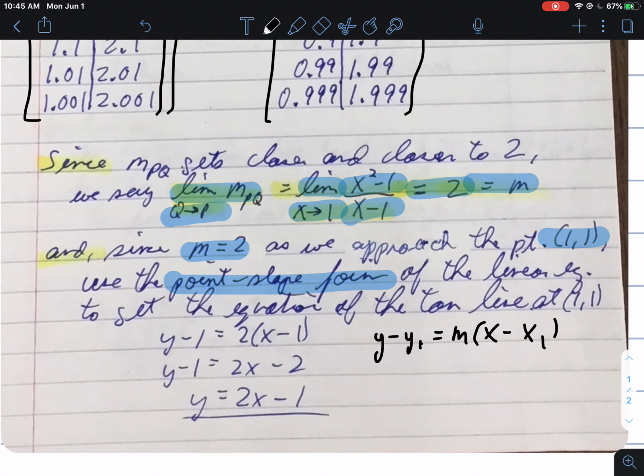That's the point slope form of a linear equation. And if I know the slope of the line, which we now know, and I know a point on the line, any point, then I can plug that into that equation, solve it for y, and now I've got the slope-intercept form of the equation of the tan line.